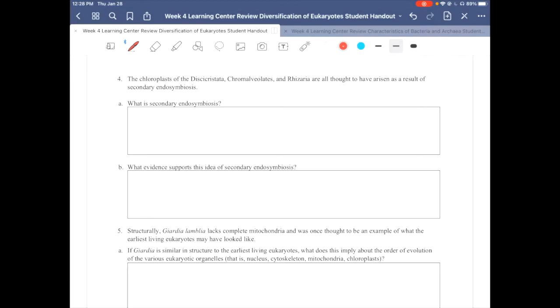Okay, so previously we talked about how a prokaryote engulfs another prokaryote and then forms a vacuole around it, and that became the endosymbiotic theory that we just looked at. But the secondary endosymbiosis is said to occur when heterotrophic eukaryotes engulf a photosynthetic eukaryote, and then those become the endosymbiont.